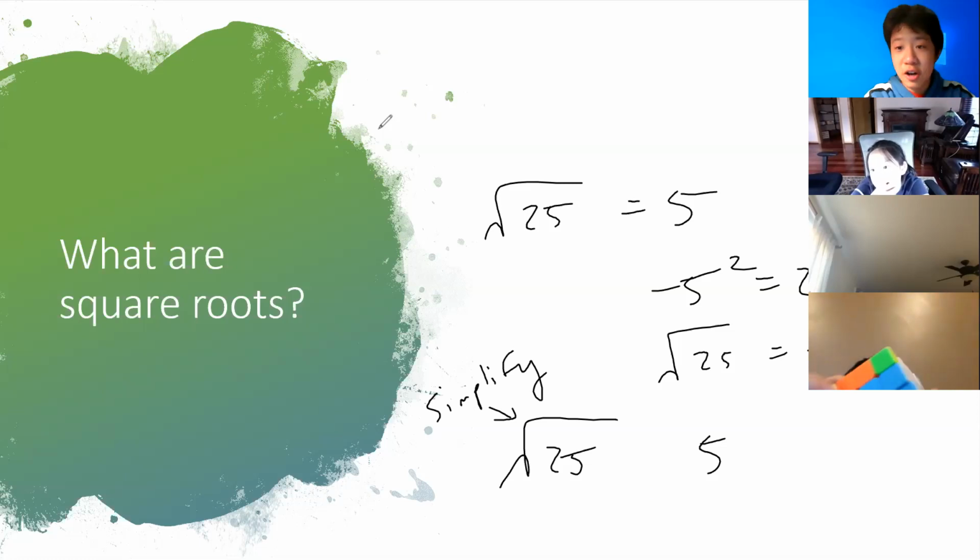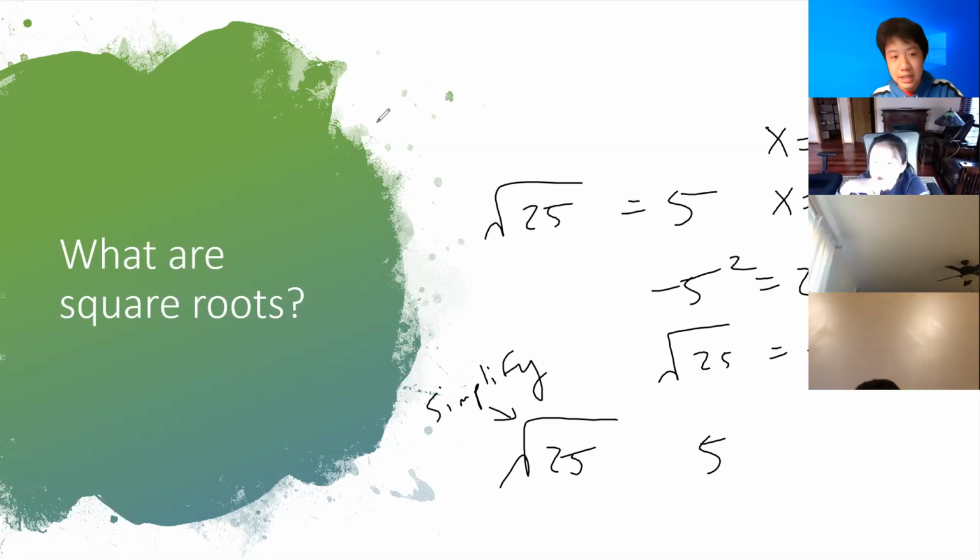On the other hand, if we're solving equations, if we have x equal to the square root of 25, then in this case, x will equal both -5 and 5. Okay? So when we solve equations with square roots, we include both answers. If we solve expressions, only use the positive answer.